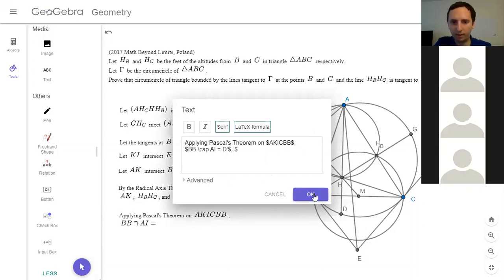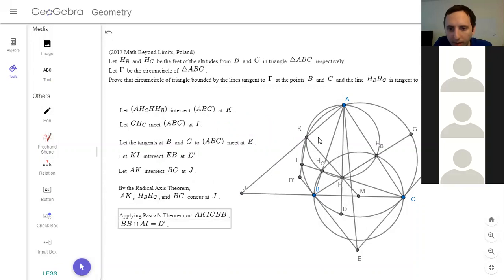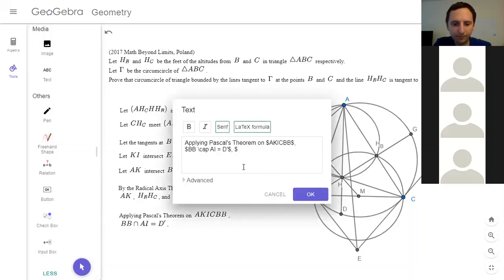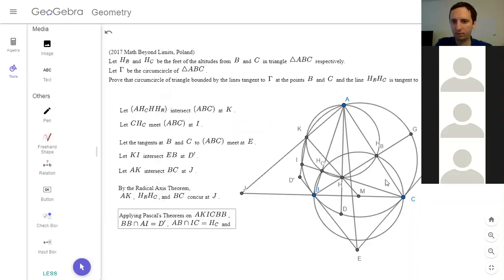And AB intersects IC at HC, and AC intersects. So AC.